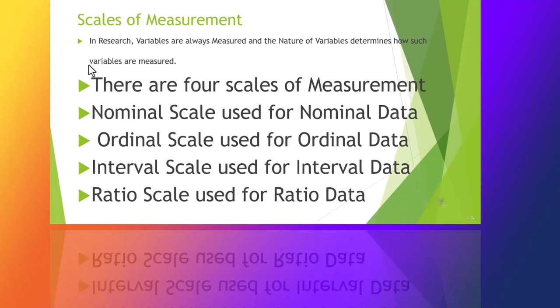There are four scales. The first one is the nominal scale used for nominal data. The second is the ordinal scale used for ordinal data. We have the interval scale used for data that are interval in nature. And we have the ratio scale used for ratio data.